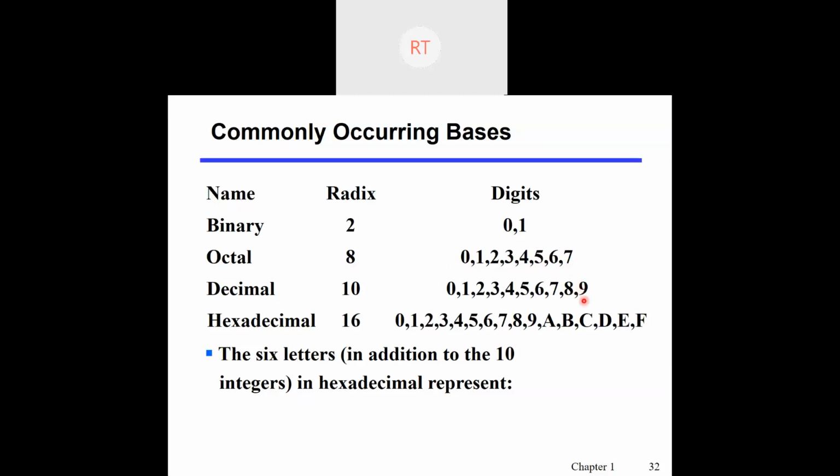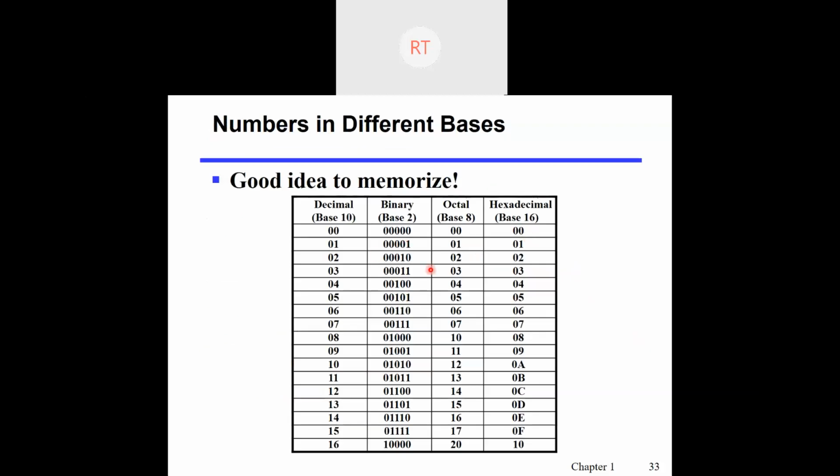Any number that exceeds 9 in decimal will be a carry. Any number that exceeds 15 in hexadecimal will be a carry. Of course, in base 2 also: any number that exceeds 1 will be a carry. It is a good idea to memorize these, but when you start practicing, you will know these very quickly.